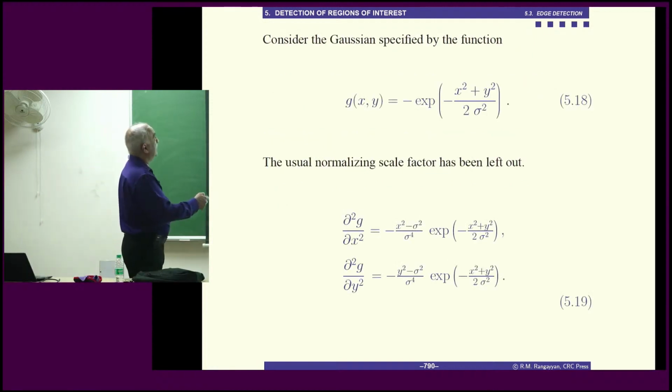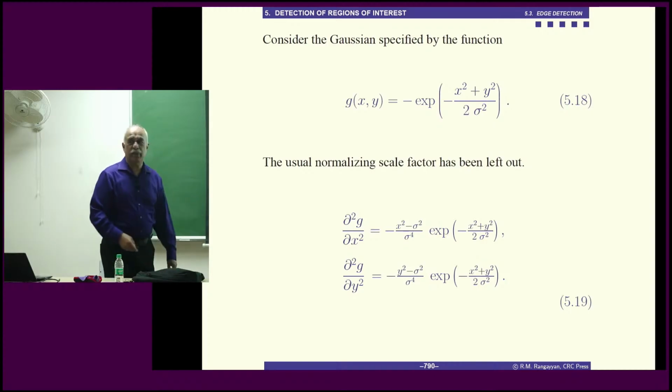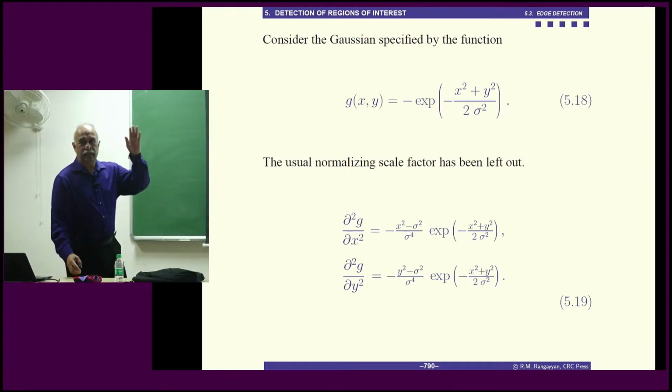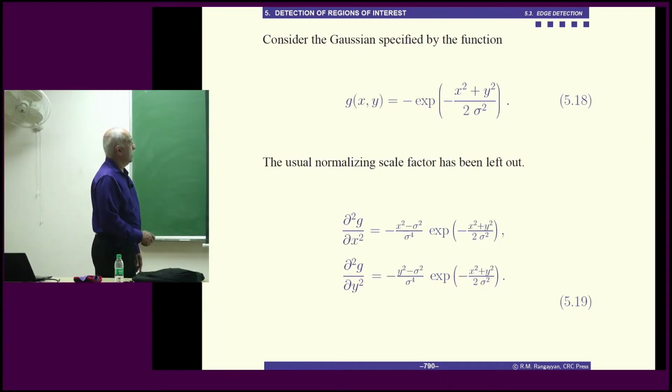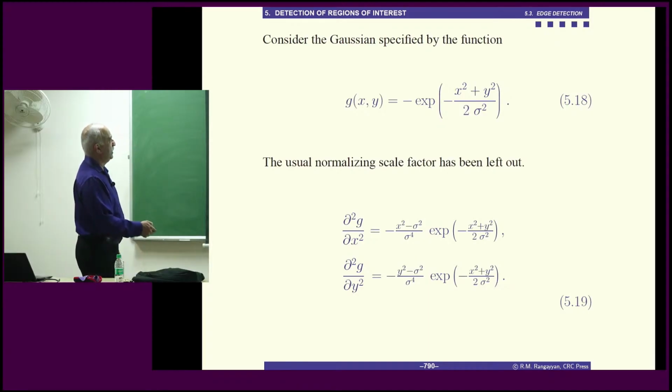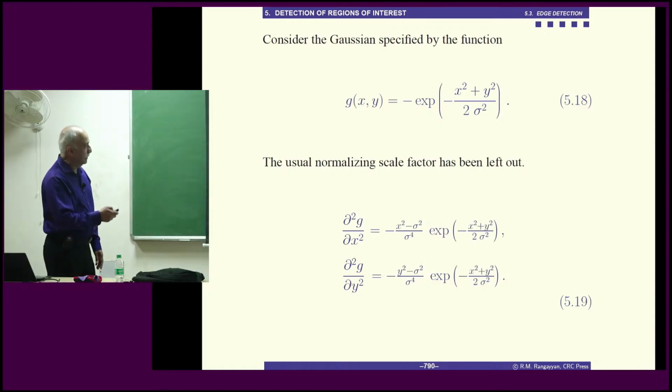So consider this Gaussian. G(x,y) is exponential of minus (x squared plus y squared) divided by 2 sigma squared. And the mean is taken out. You don't need that. So take the derivatives, you get this. These are the second order partial derivatives.